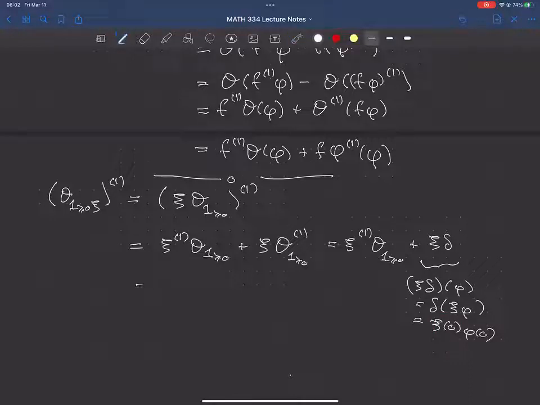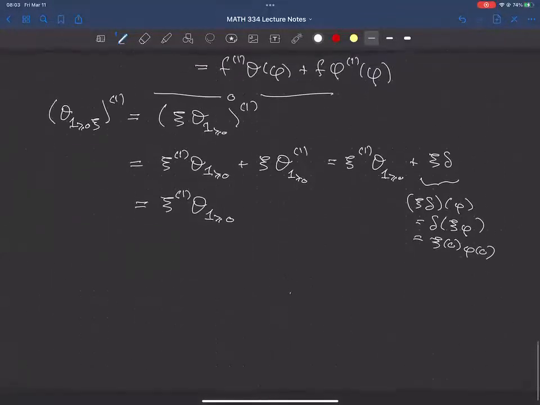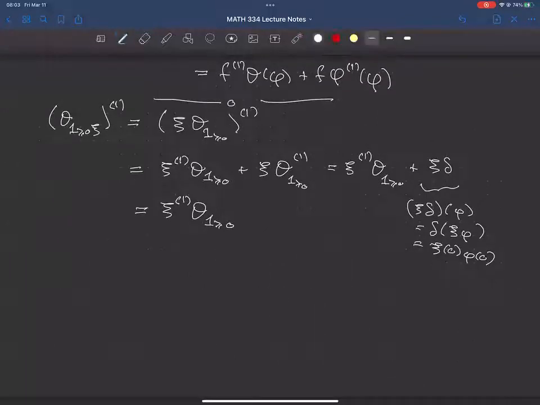So the upshot of all that is that this term will be 0, and so you just get C1 theta 1 greater than or equal to 0. Now you can basically just repeat that calculation recursively for the first k minus 1 derivatives.